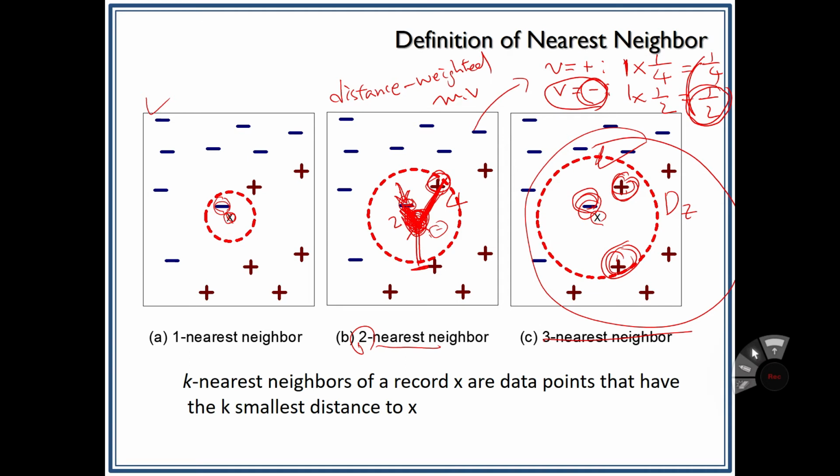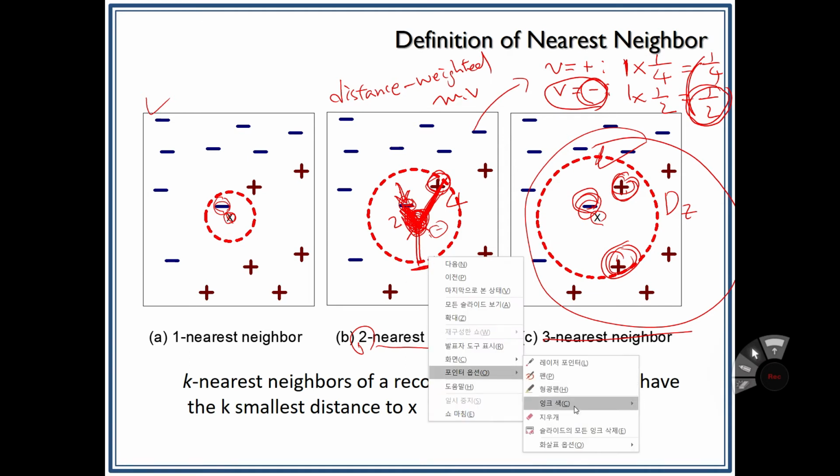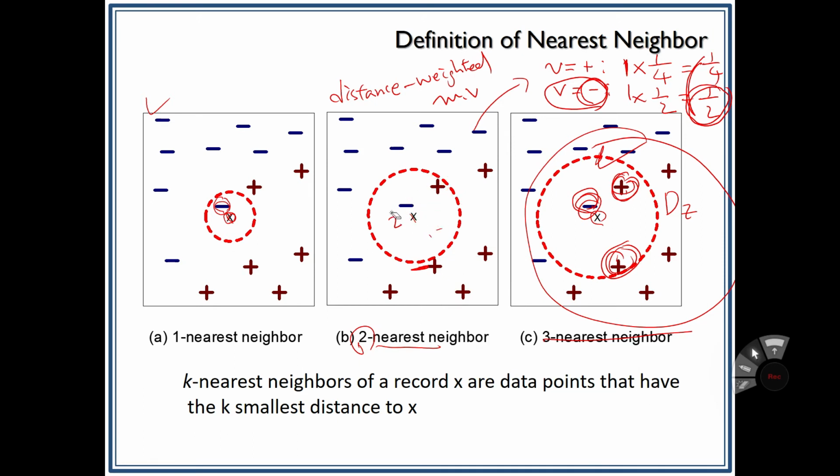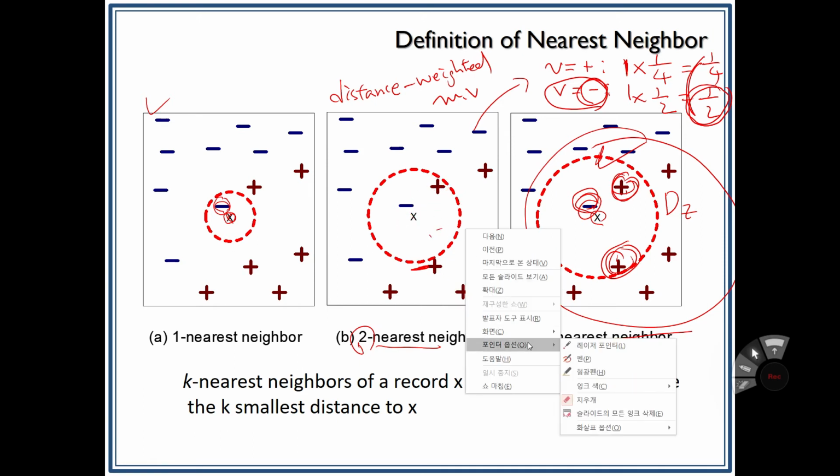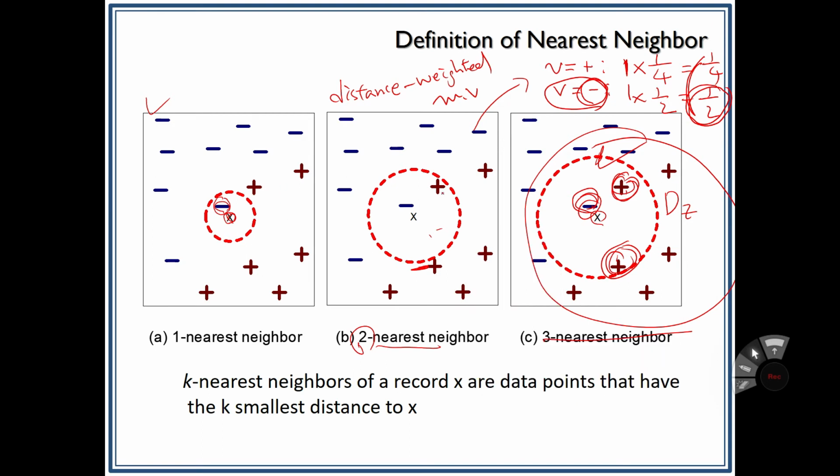Okay, again, the intuition behind the distance weighted majority voting scheme is that closer objects give more impact on the classification of the new object, and further objects give weaker impact on the classification of the new object.